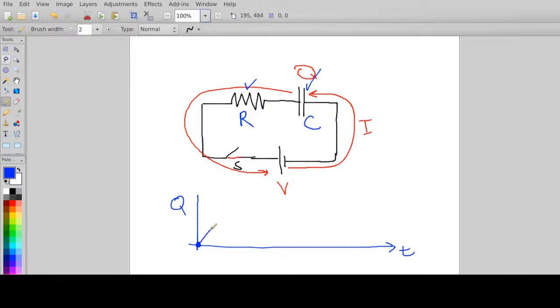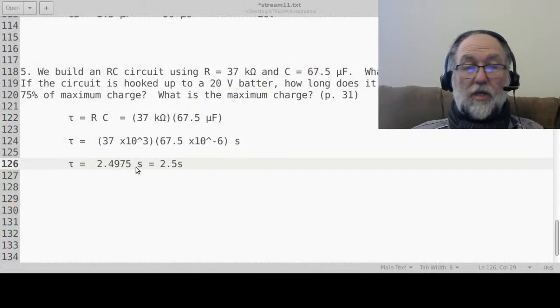Of course, the charge is 0, but then it builds up and reaches a maximum, Q max. Whether it does it slowly, taking a long time, or very quickly, depends on what your tau is. So tau is a measure of how quickly it builds up.